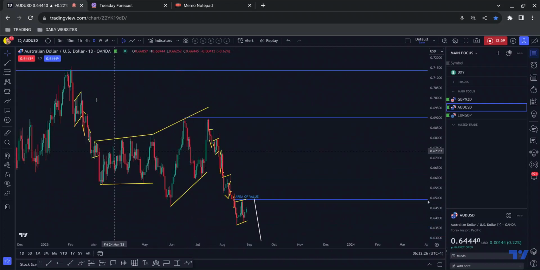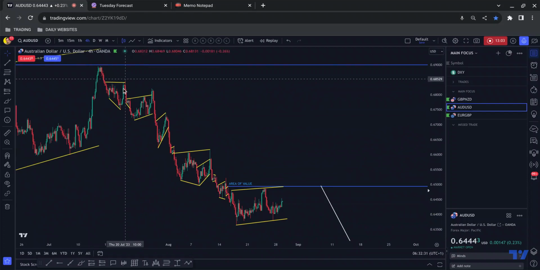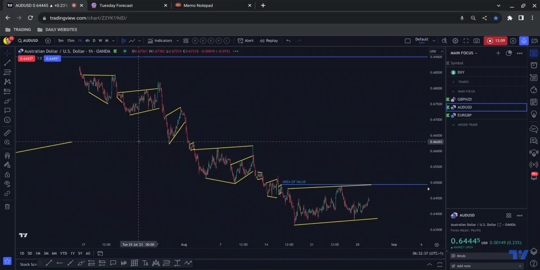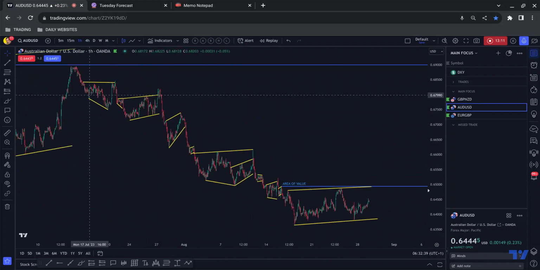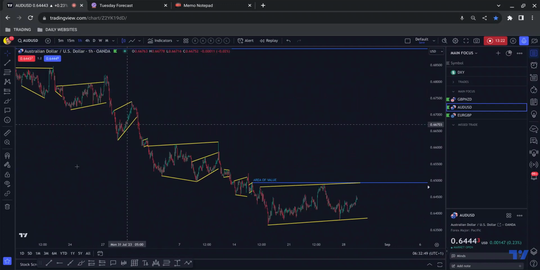So with that in mind, if we just now drill down to the lower time frames, you can see that I've pattern separated here. This is a slightly larger correction than we would anticipate seeing for continuation to the downside, but sometimes that happens. But you can see the subsequent corrections. It's a very, very nice sequence. Not so much this one, but then we get the impulse down, tight correction into a larger correction.